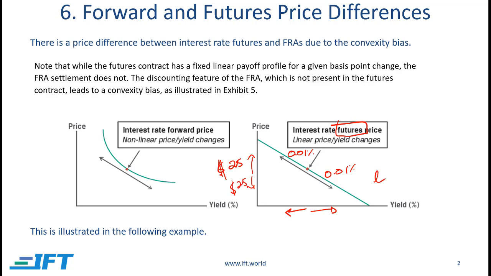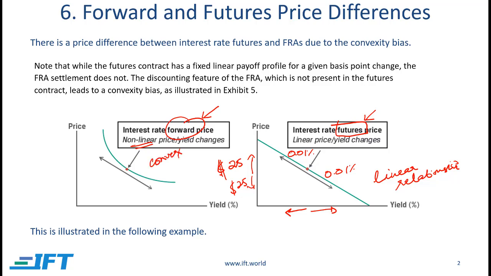So this is what we call a linear relationship between the change in the interest rate and the price of the forward. And if you look at the price of the future, and if you look at what is going on with the forward, it's not linear. It is non-linear, and rather it is a convex relationship.